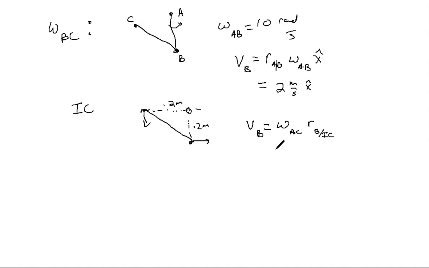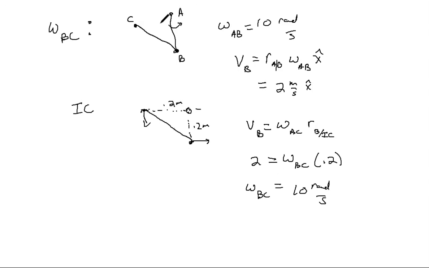So I can write this as 2 equals omega BC times 0.2, so then omega BC equals 10 radians per second. All right. So that's the first thing, and the book just assumes that from a previous example, but since we're doing it all here, I just worked it out. Okay, so now we know the angular velocity of link BC.